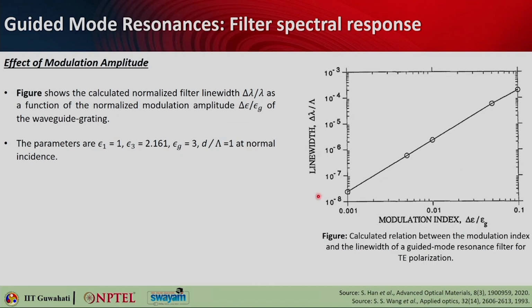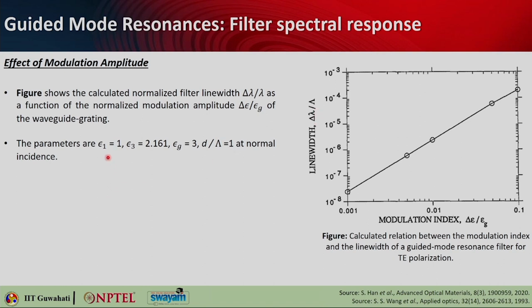Let us also look into the effect of amplitude modulation. Here it shows the normalized filter line width as a function of the modulation amplitude of the waveguide grating. These are all normalized. Delta epsilon is the modulation index and delta lambda is basically the line width.